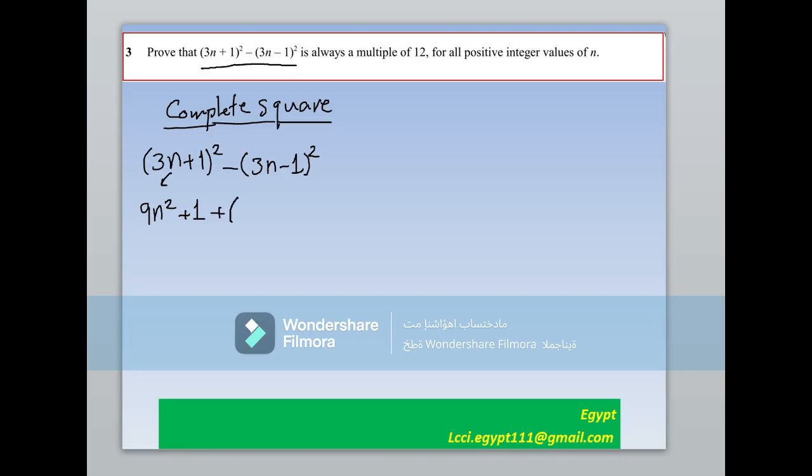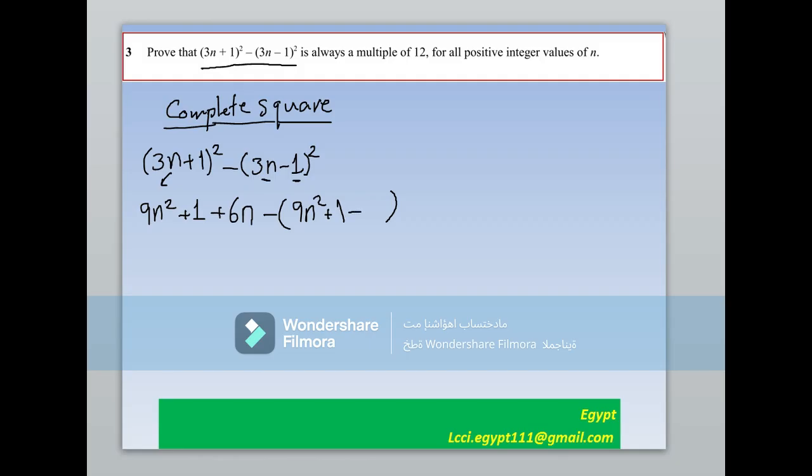6n. Don't forget, minus, open bracket, please take attention, the bracket is important. The first term squared, the second term squared, the first times second times 2.